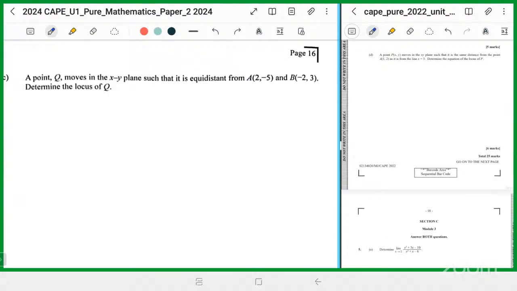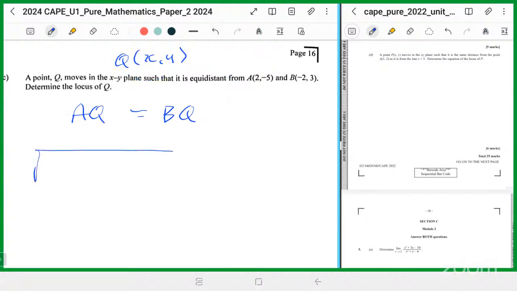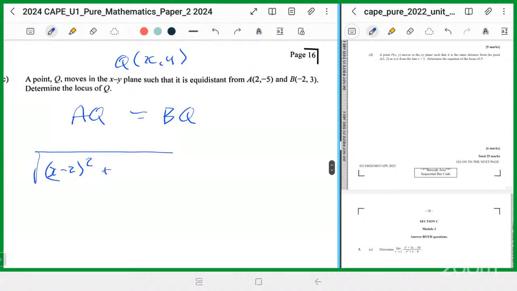So the point Q is equidistant from these two points, right? We call the point Q (x, y) as normal. So it means that AQ equals BQ. Simple. What's the distance between these two points? Distance formula: square root of (x minus 2) squared plus (y minus negative 5, which becomes y plus 5) squared equals, what's the distance between Q and B?